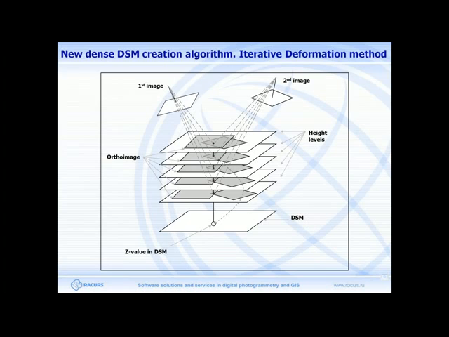The Iterative Deformation method is based on an original idea: if the surface is correct, then the resulting orthophotos created from different images should be the same. With this algorithm, the surface is created such that orthophotos built from different images will match in the overlap region. Quality of the surface increases with increase of overlap multiplicity.